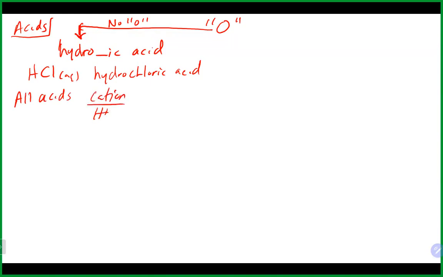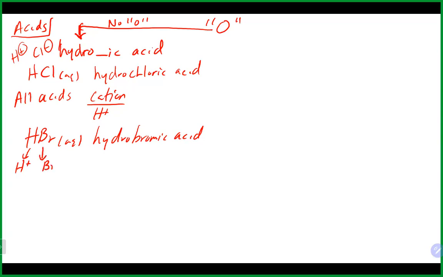So for every acid, the positive ion is always going to be H plus, and it's the negative ion that determines how you name it. So that would be hydrochloric acid. This is basically H plus and Cl minus. 1 and 1 gives us 0 when we put it together for our formula. This guy then would be HBr, hydrobromic acid. That would be H plus and Br minus, the two ions that are present.